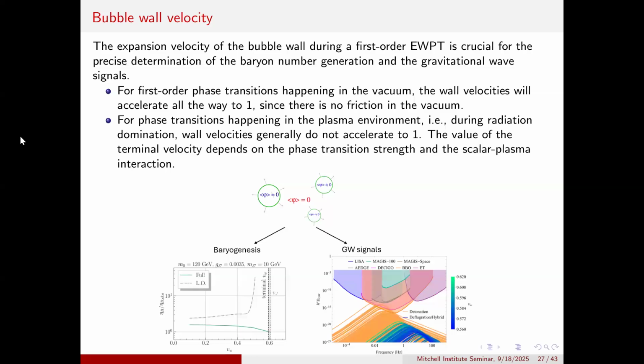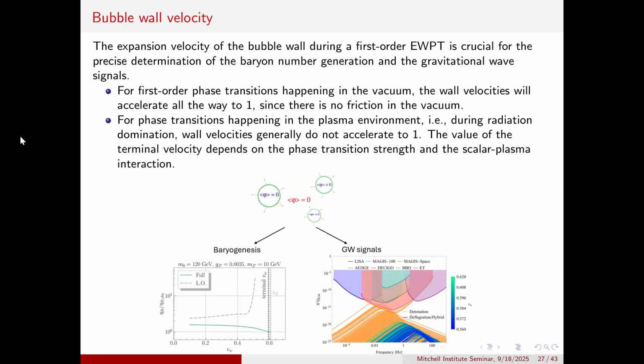And then the question is, how fast do these bubbles expand? And this is actually crucial for the precise determination of baryon number generation and also the gravitational wave signals generated from this kind of first order phase transitions.